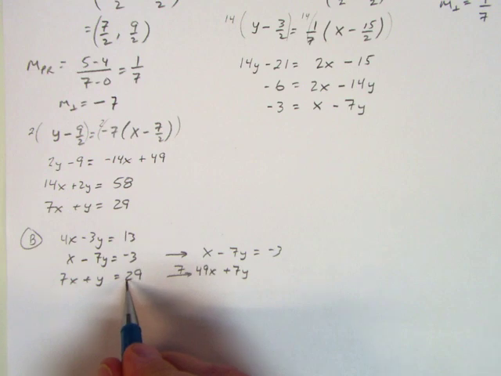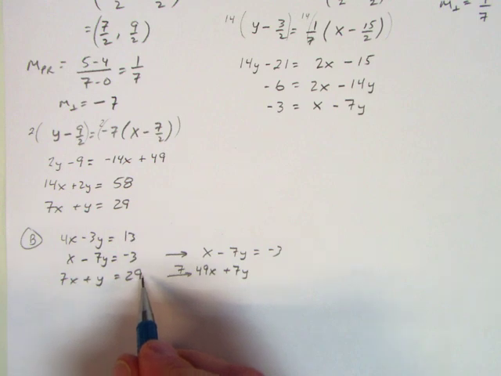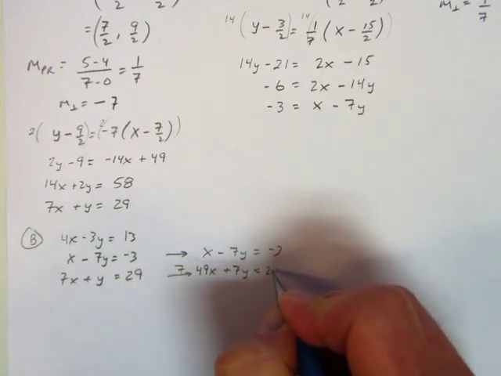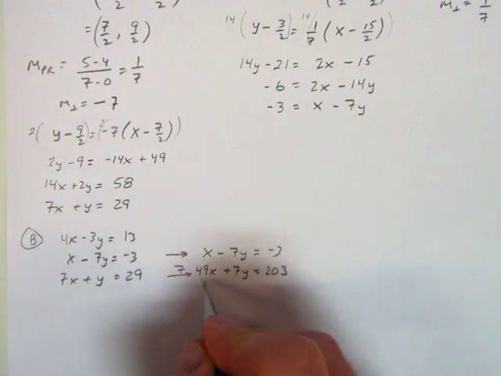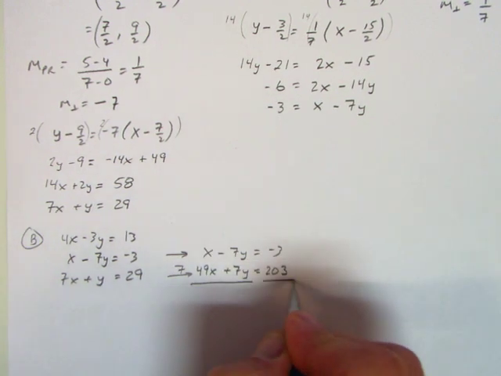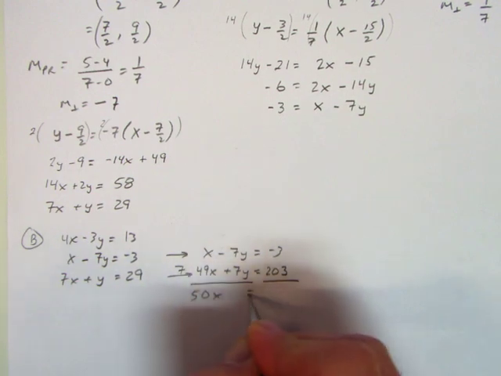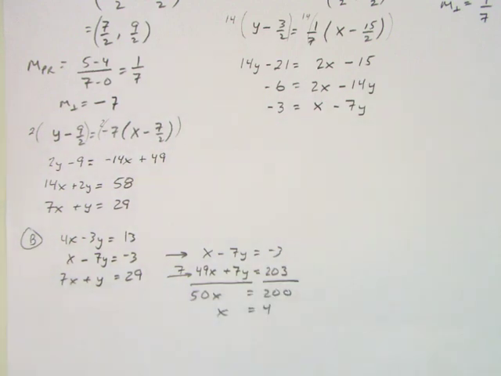Now I don't have a calculator. I could do 7 times 30 would be 210. And then I want 1 less 7, so it'd be 203. Add them up, I get 50x equals 200, x equals 4.